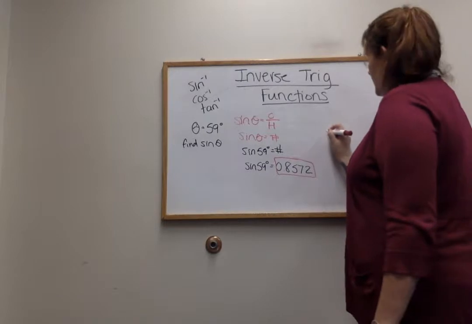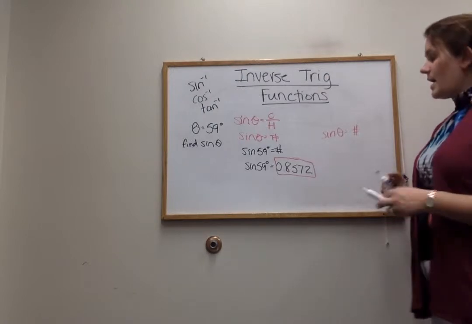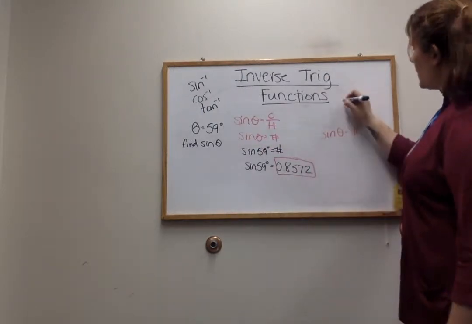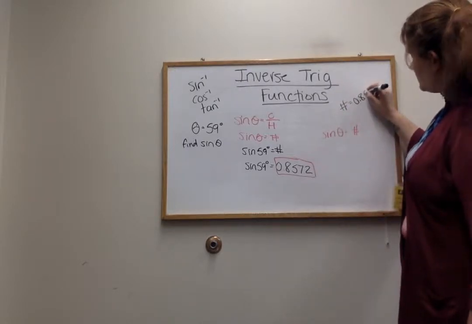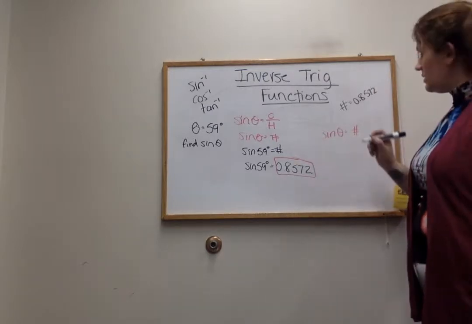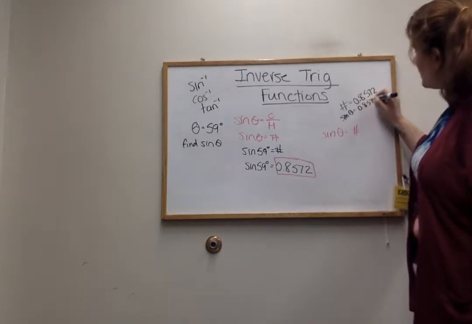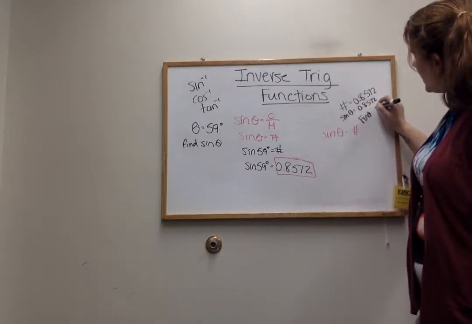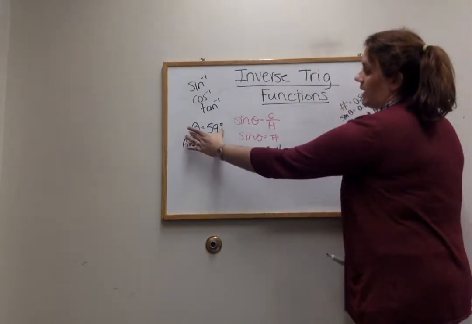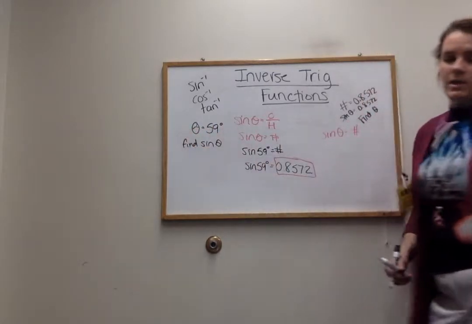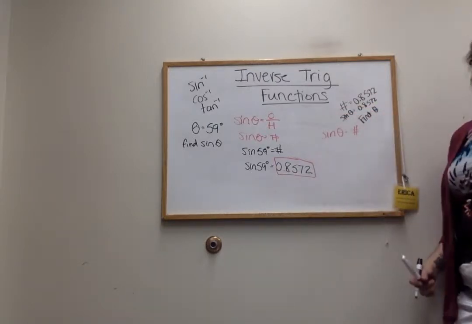Okay, so we still have sine of theta equals some number, but perhaps instead of being given an angle, we're told that the sine of theta is equal to 0.8572, and you're asked to find theta. So notice the difference. The first question, we're given an angle. We're asked to find a trig value. The second example, we are given a trig value. We're asked to find an angle.